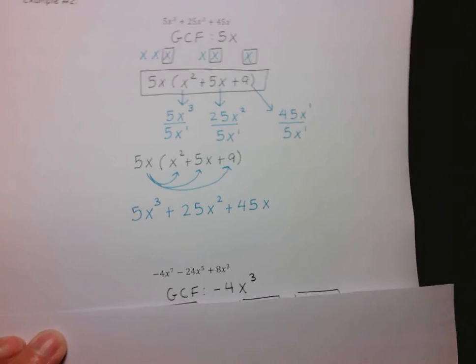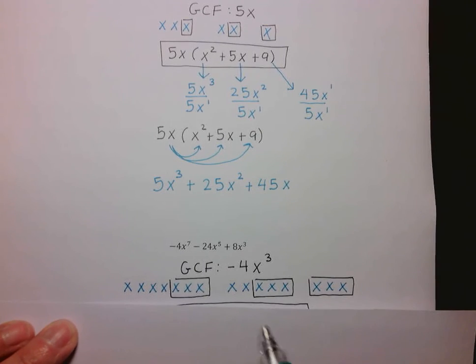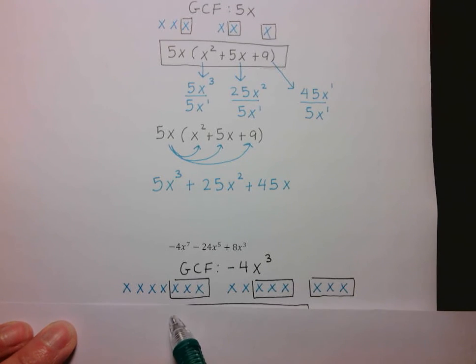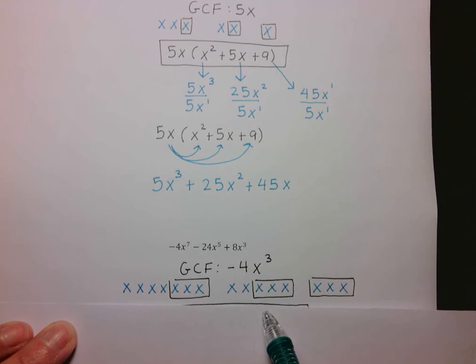But let me show you so you fully understand. X to the 7th is 7 x's, x to the 5th is 5 x's, and x to the 3rd is 3. So what do they have in common? They have 3 x's. So that's my greatest common factor.